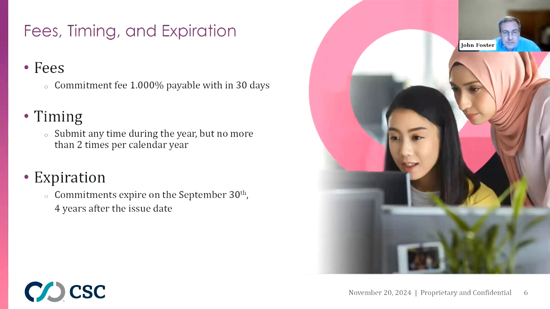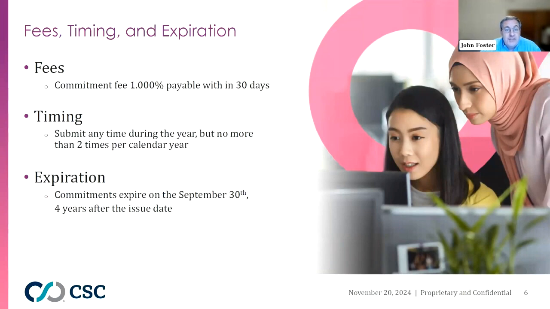After submitting a commitment request package, the SBA will respond with a commitment letter telling you the amount of the commitment, and also telling you that you have 30 days to pay the SBA 1% of that commitment amount. This 1% has to be paid before you can move on to the next step and request a leverage draw amount. So managers want to take this into account when deciding how much commitment to ask for.